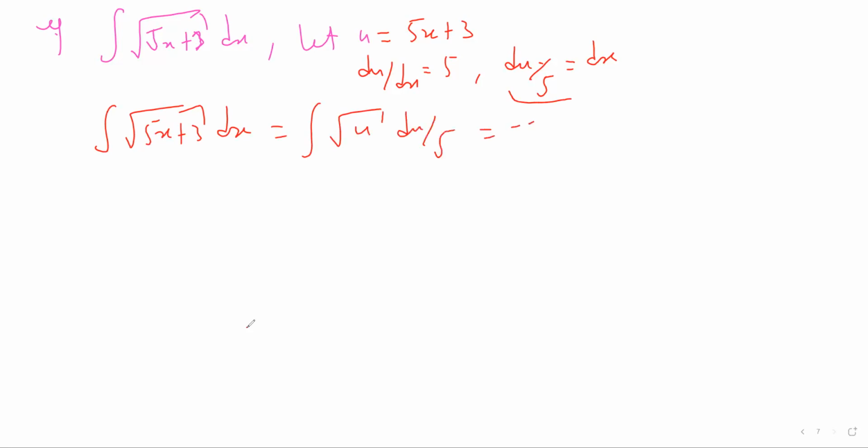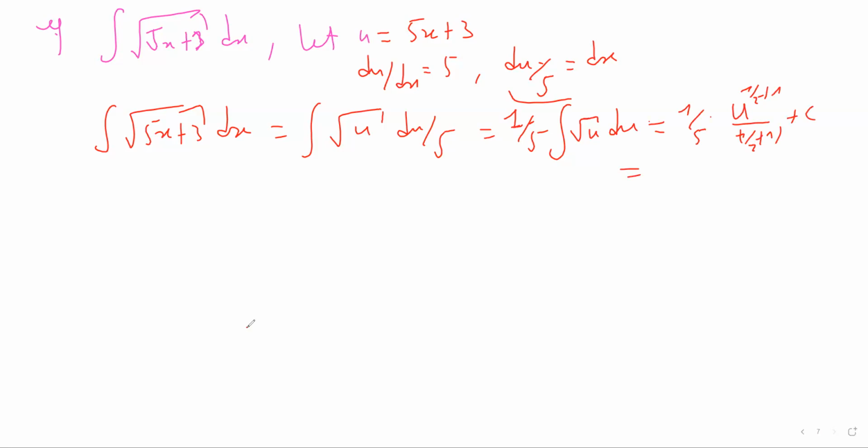So finally we have 1 over 5 times the integral of square root of u du, and we can solve this to be 1 over 5 times u to the half plus 1 over half plus 1, plus c.